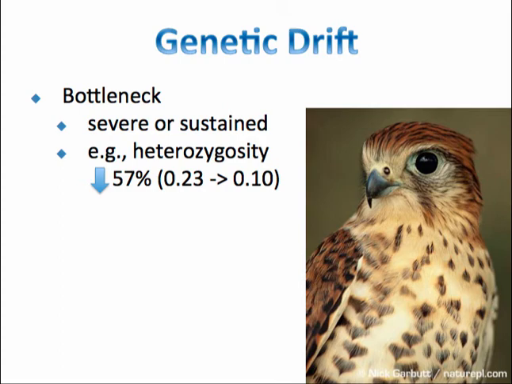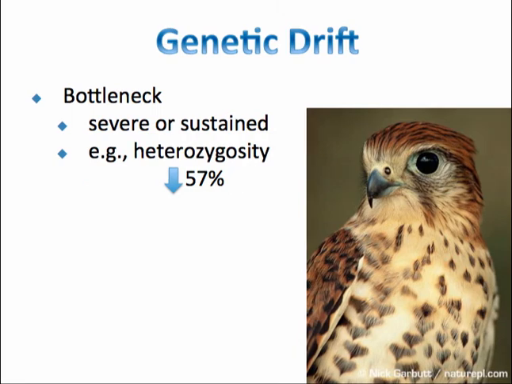It went from 0.23 to 0.10. If you think back to what this means, 23% of the individuals were heterozygotes initially, and then that got reduced to only 10% of the individuals being heterozygotes. This shows you the tremendous implications of a very severe bottleneck in terms of genetic diversity.